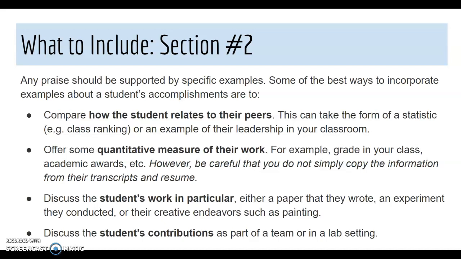And so you could say that if you don't know that that student definitely received the highest score on the Try-2 final exam in 10th grade world history, that is okay. You could say that that student scored in the top 5% of your class or something of that nature. Using some quantitative data here is going to be really helpful for admissions officers.